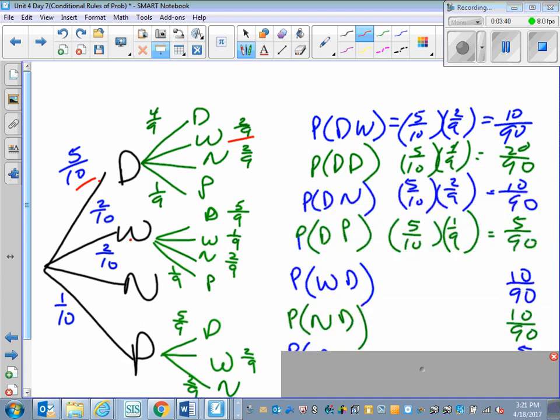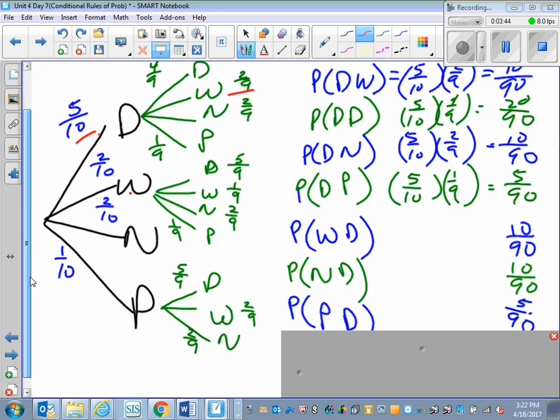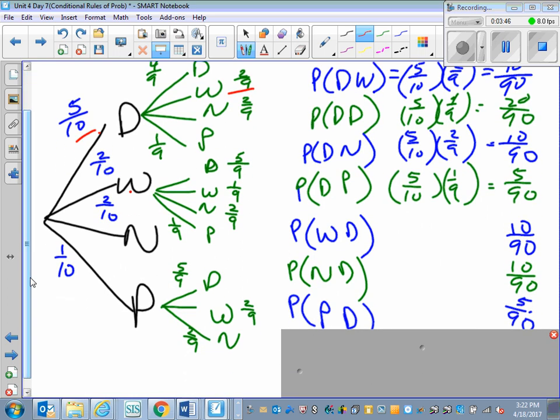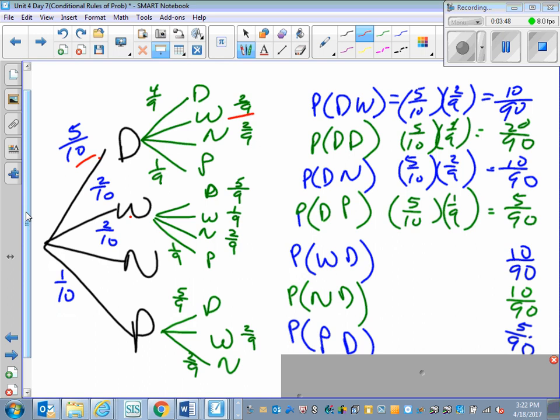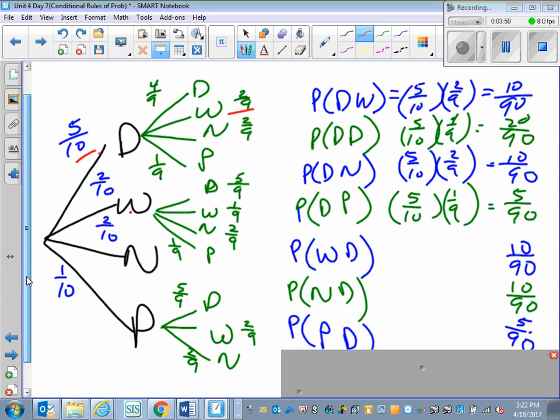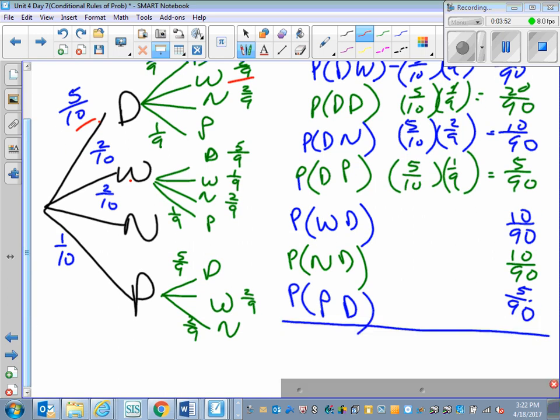So we find all those individual probabilities, and then you have to add them all up. Probability of at least 1 Dallas ball is going to be 70 out of 90.